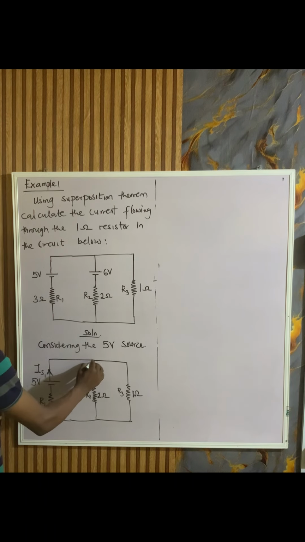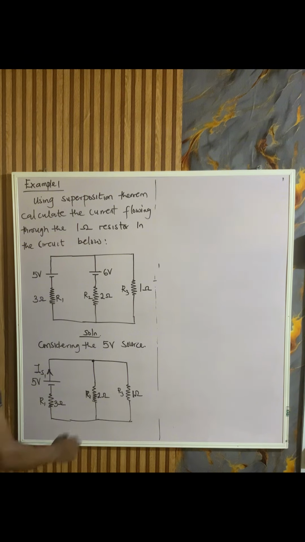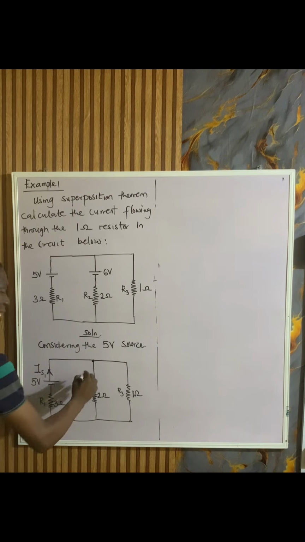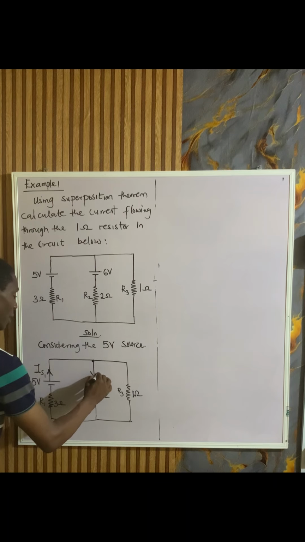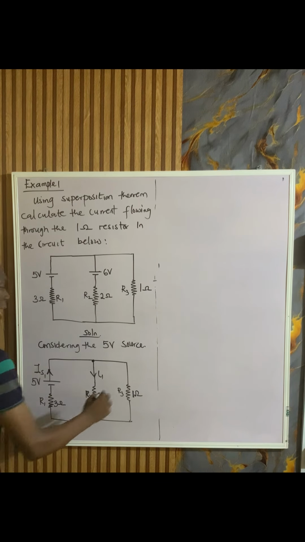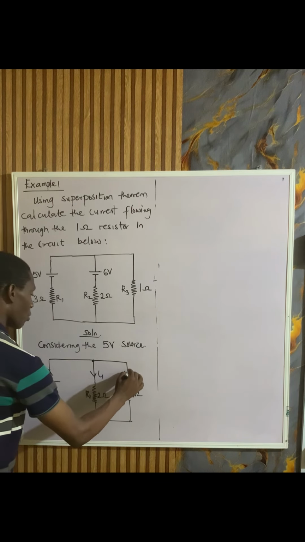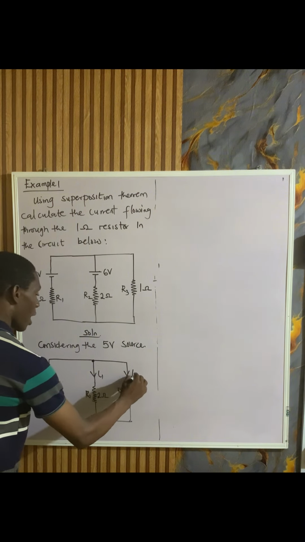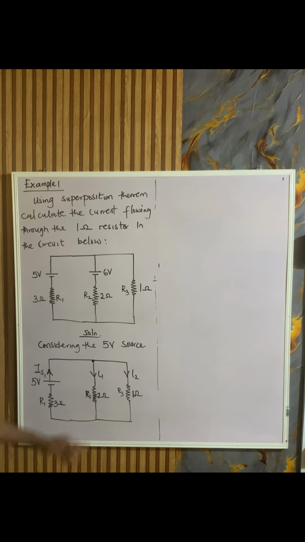When that current gets to this node, it will break into two. Some will go into the 2 ohm resistor and some will go into the 1 ohm resistor. Let's assume what goes into the 2 ohm resistor, R2, is called I1, and what goes through the 1 ohm resistor, R3, is called I2. We want to get I1 and I2.